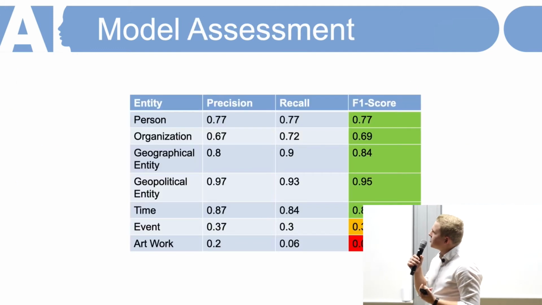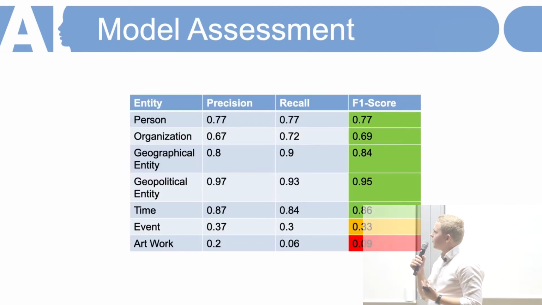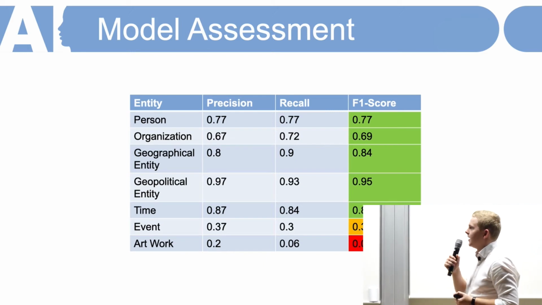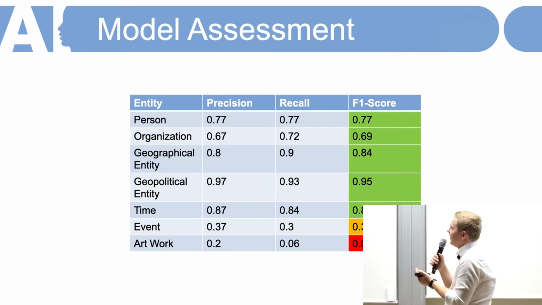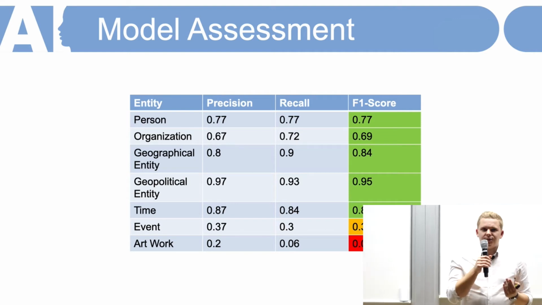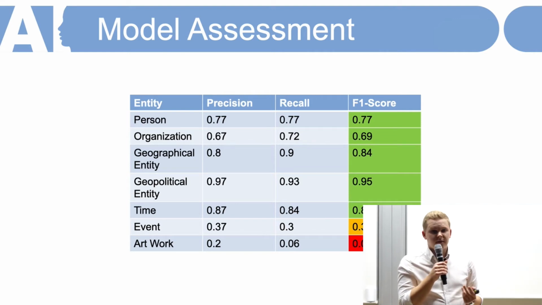However, it achieves quite a good performance in some of the entities. You can see here, for example, event and artwork are quite bad. It's simple to explain because the Kaggle dataset does not contain much information about, for example, artwork. And if you don't have enough data to train on, later on it won't be able to recognize these entities on a new dataset.